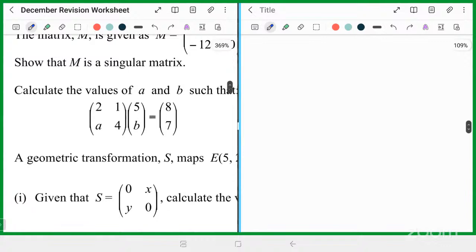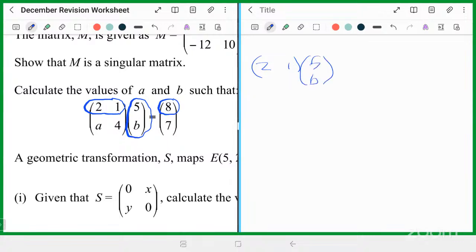All that this thing means is that this 8 is obtained by multiplying this row by this column. So we can set it up. The 2, 1 row times the 5, b column is equal to 8.